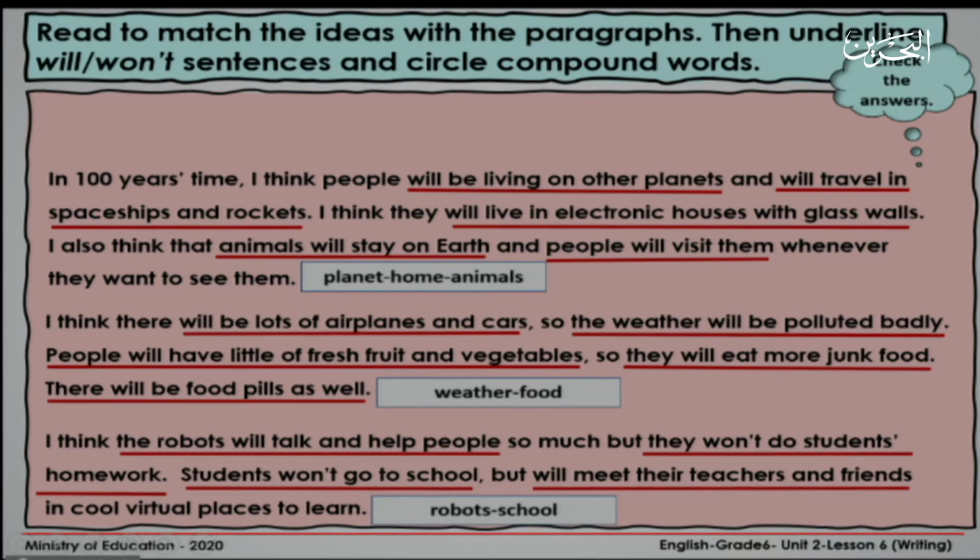Here are the sentences with will and won't for the last paragraph. Did you manage to get all of them? Perfect. Now, we'll move to the last task, which is to circle the compound words. Here are the compound words for all the paragraphs: spaceships, airplanes, homework.